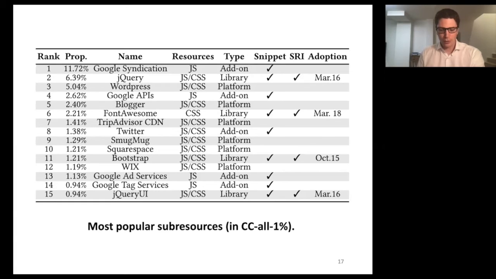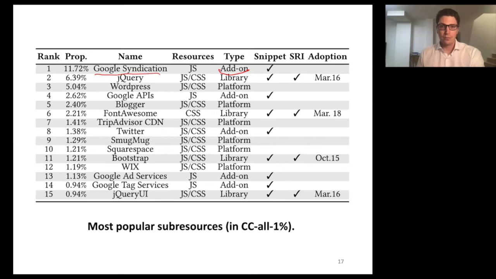And unsurprisingly, the sub-resources associated with the Google ad network are used a lot on the web. So in the case of the Google ad network, SRI hardly applies. Why? Because these sub-resources are what we may call add-ons, in a sense that they evolve constantly and independently from the web page, as their aim is to track the users.